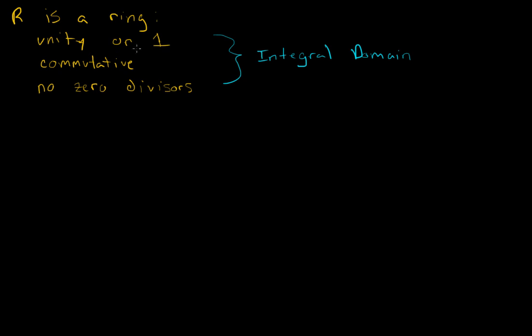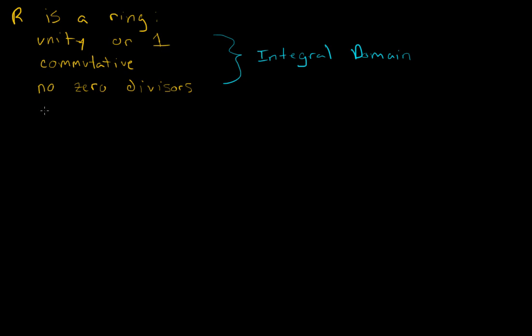Well, since we have a unity, maybe having some multiplicative inverses would be nice, or another word for that is units. Actually, not just having some units, but maybe having every element in the ring be a unit, or have a multiplicative inverse.